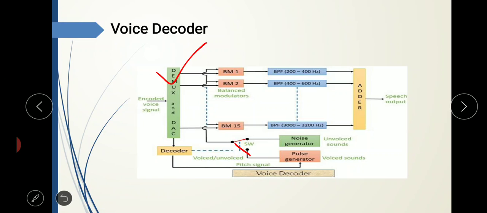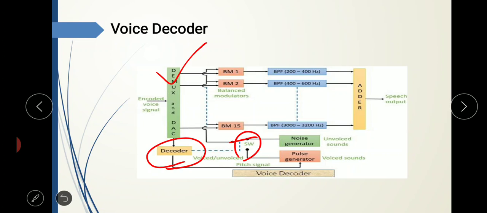When an unvoiced signal is received, the switch connects noise generator output to the input of all balance modulators. Means this one connects with this noise generator. So as per the signal received, that may be voiced or unvoiced, decoder decides that and connects this switch accordingly with the pulse generator or with the noise generator.